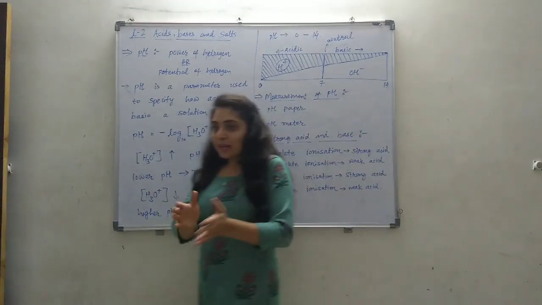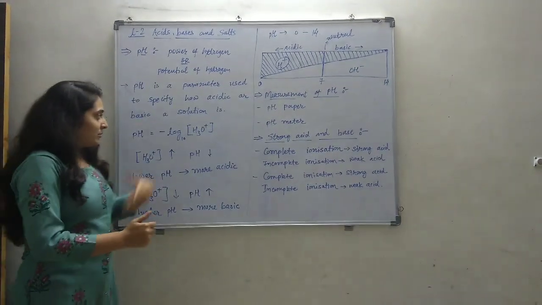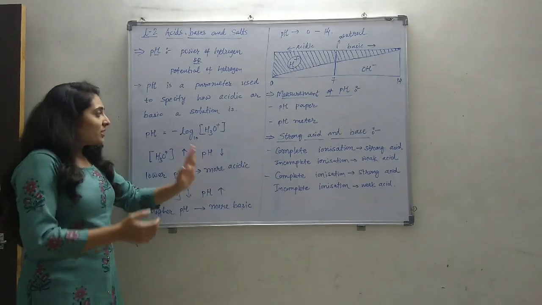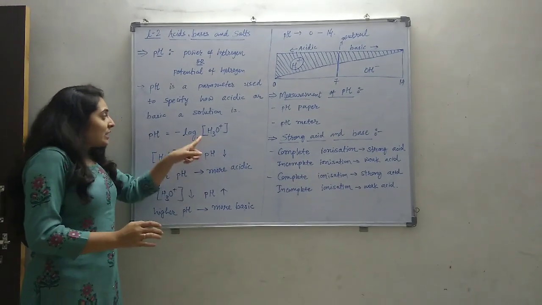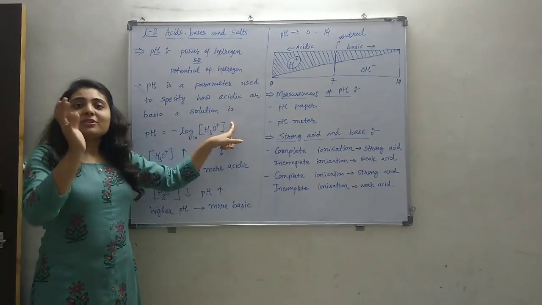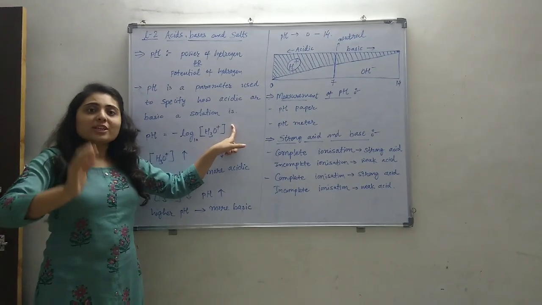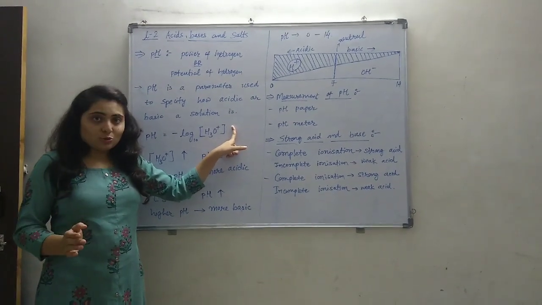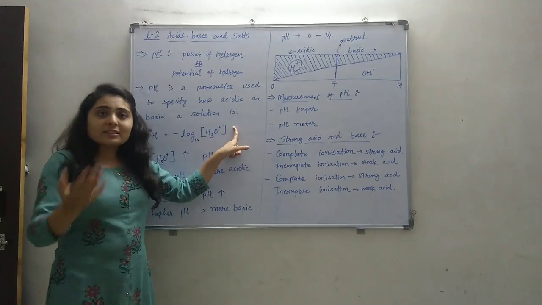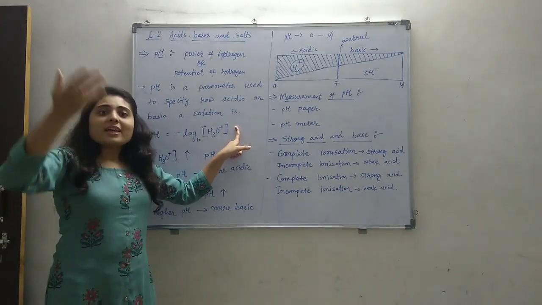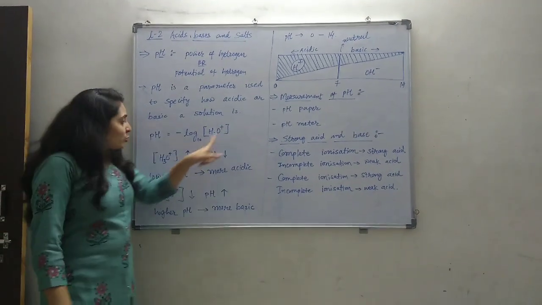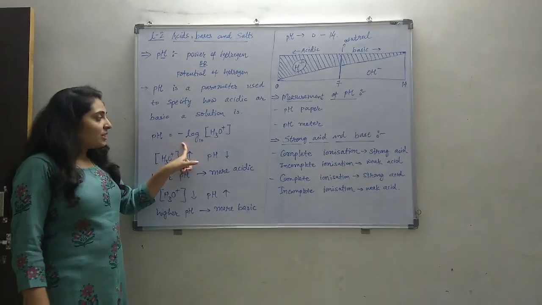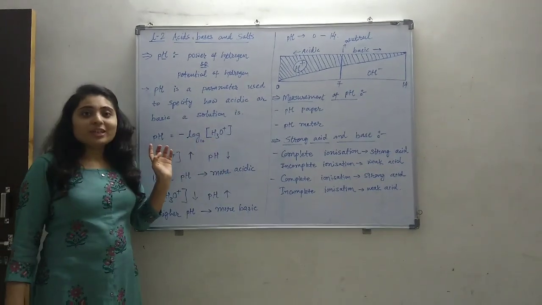We are not going to calculate any pH values, but you have to remember that as the number of H plus ions increases in the solution, it definitely shows that acidic nature increases. So as H plus increases, pH value decreases.